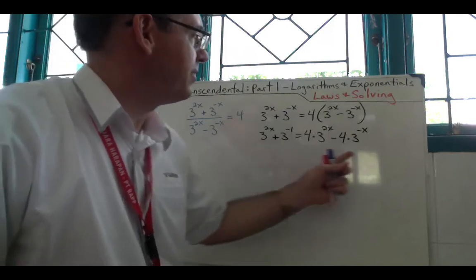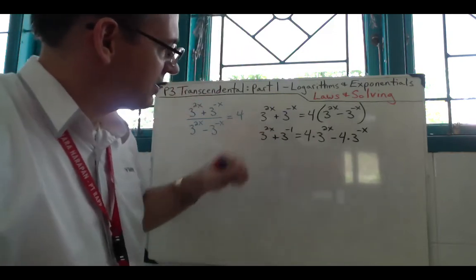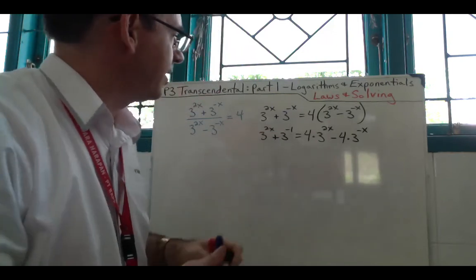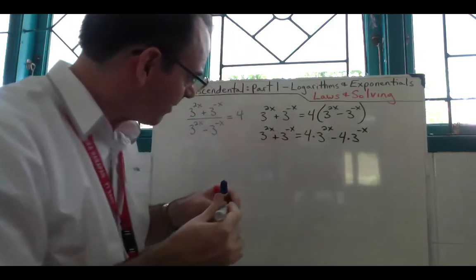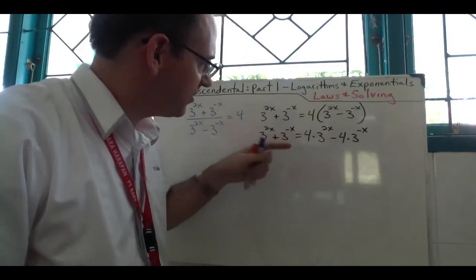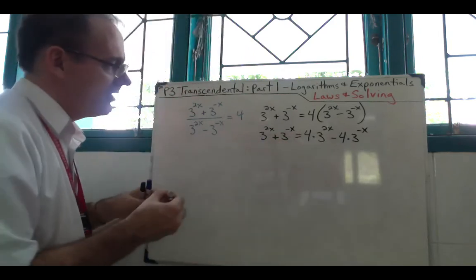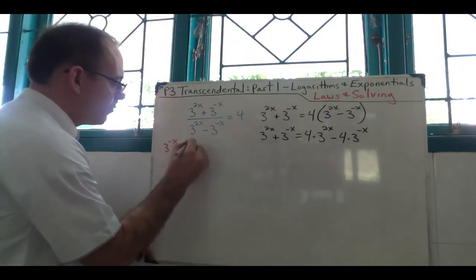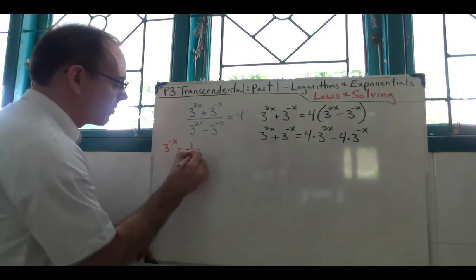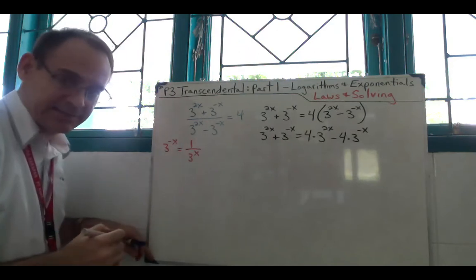So now we have this, and notice these negative exponents. Sorry, this is not a 1, this is a negative x. And so 3 to the negative x is the same thing as 1 over 3 to the x.